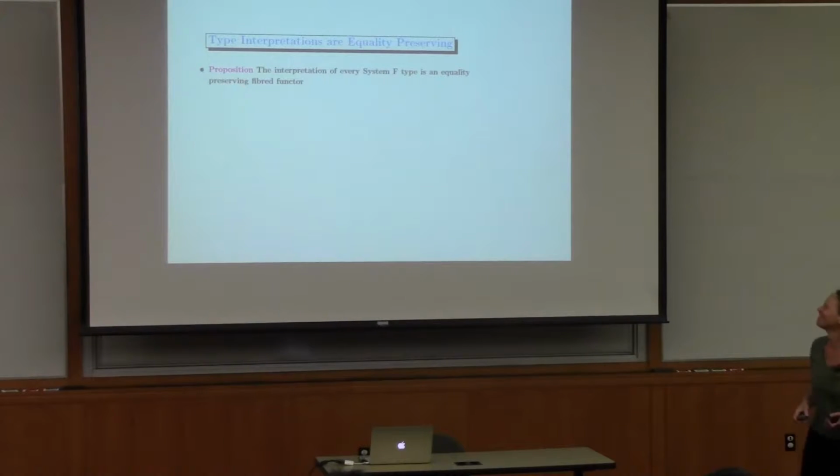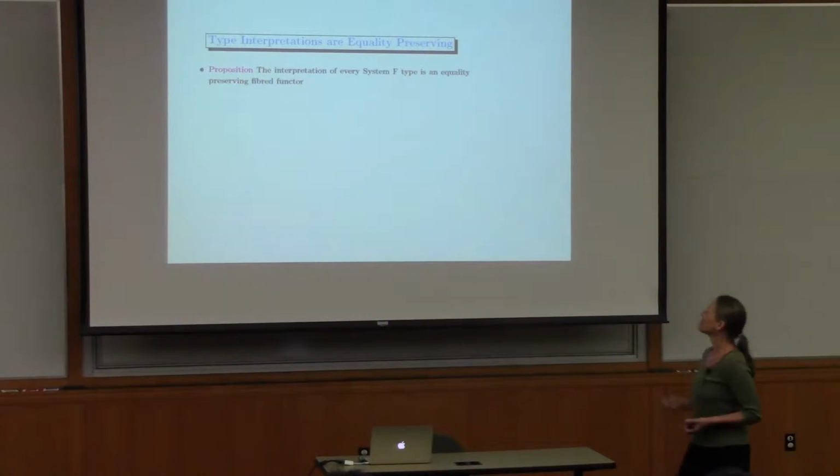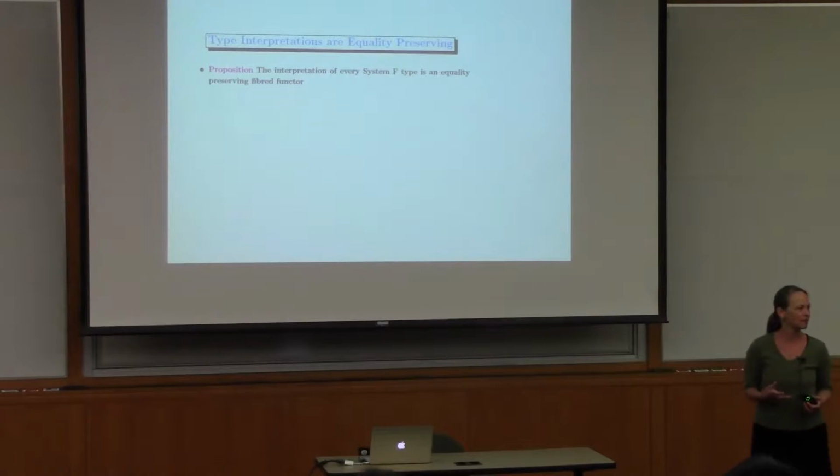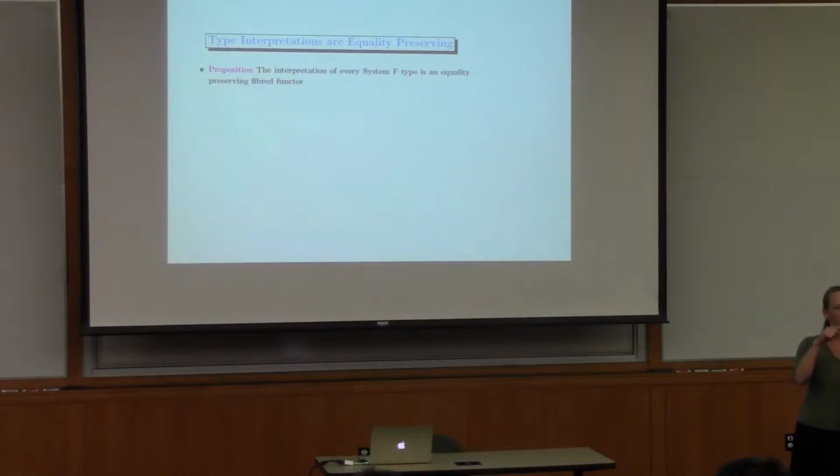Okay, so let's just look at our type interpretations. I claim that they're equality preserving, and remember, this is exactly what we want in order to have the identity extension lemma. I showed you last time how saying that type interpretations are equality preserving is exactly the same thing as saying that we have the identity extension lemma.